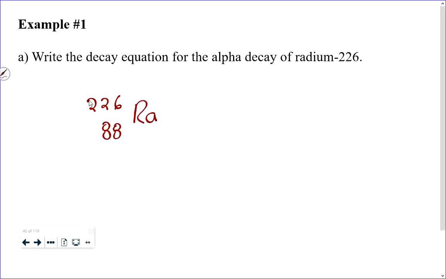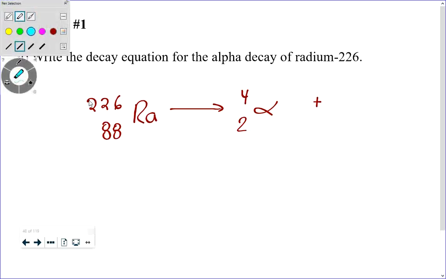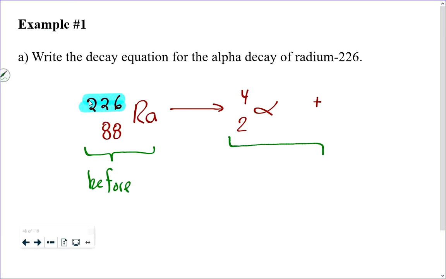So what happens? An individual radium nucleus is sitting there, minding its own business, and by random chance, a particular nucleus spits out an alpha particle. Now, what will we have left? I told you just above this that the total number of nucleons must be conserved. How many nucleons are there to begin with? Well, there's 226. We've got 226 nucleons before, and this is after the decay.